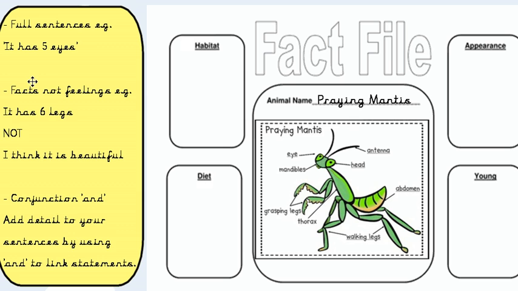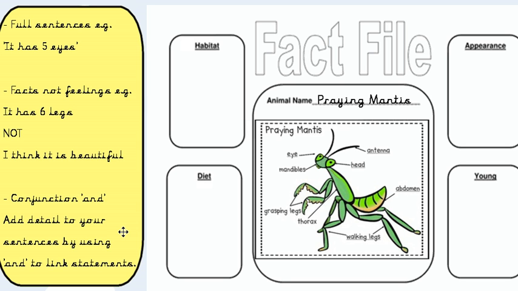I'd also like facts and not feelings. For example, you might write, it has 6 legs. That's a fact. It's something that you can't argue with. It's definitely true. Not a sentence like, I think it is beautiful, which is your opinion and something that you think, but somebody else might not agree with.